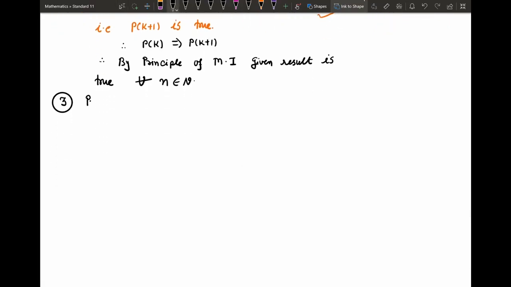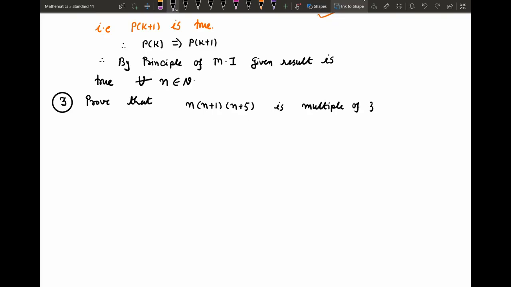Next one, prove that n into n plus 1 into n plus 5, this number is a multiple of three.